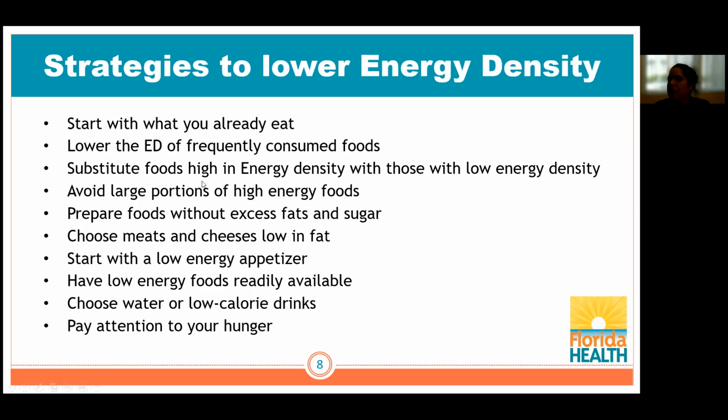The other thing you can do is lower the energy density of frequently consumed foods. So what you want to do is avoid adding fat and sugar to your meals. So like I said, consider the way you're cooking things. So you want to avoid things like frying. You want to either bake or you can stir fry. You have a lot of options.